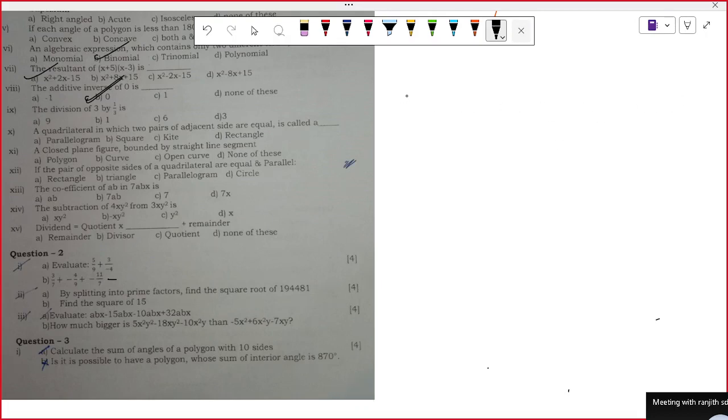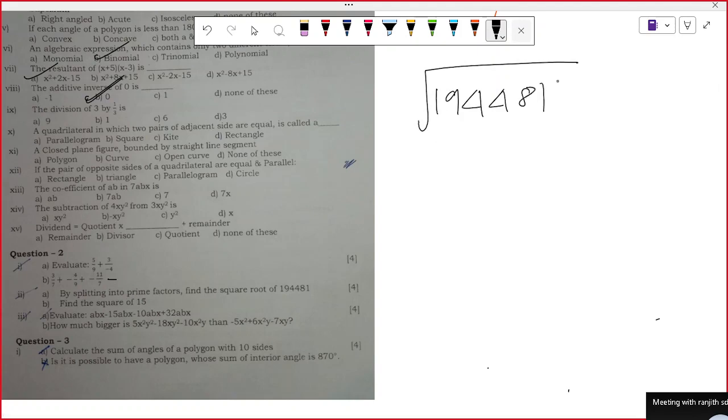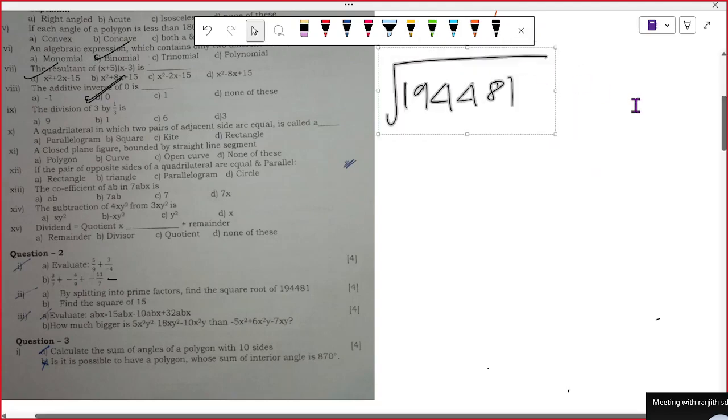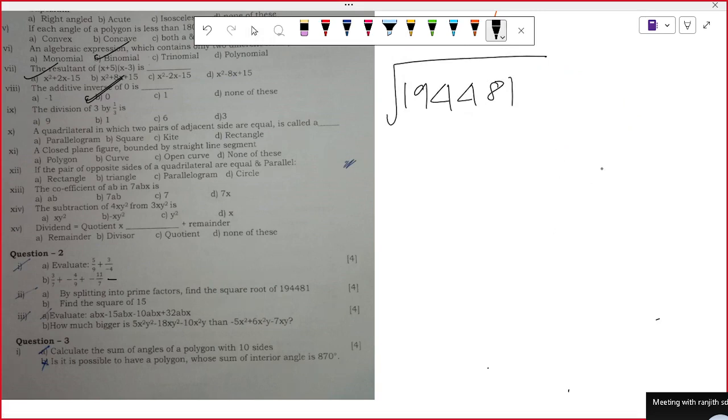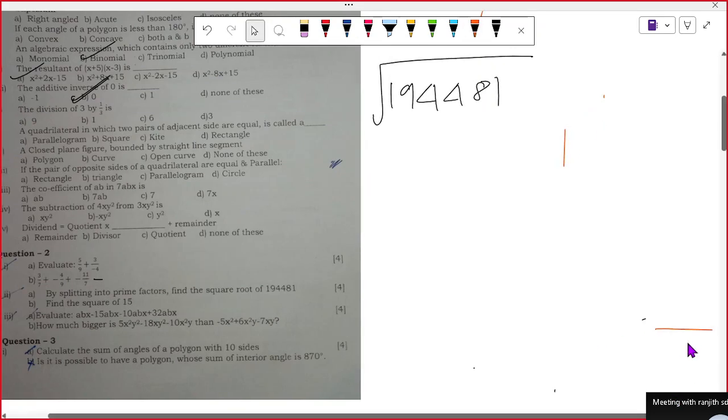By splitting into prime factors, find the square root. So first write like this: square root of 194481 and factorize this. Done, sir. Fine, Tanishka.